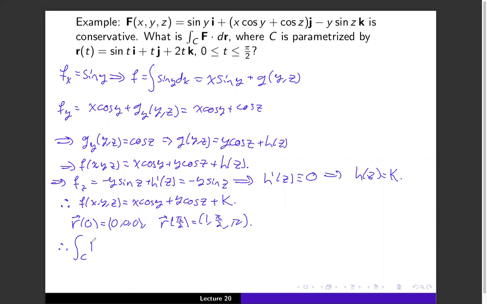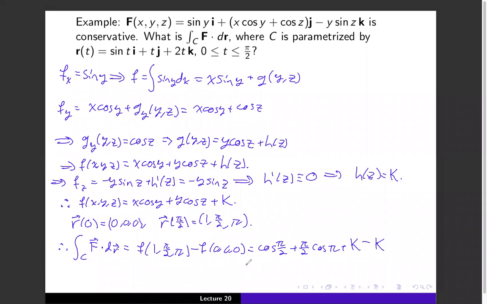So the integral that we're interested in, f dot dr, is little f of 1, pi over 2, pi minus f of 0, 0, 0, which in this case is going to come out to cosine of pi over 2 plus pi over 2 cosine pi plus K, actually, make it a capital K to be consistent, minus K. That's f of 0, 0, 0.